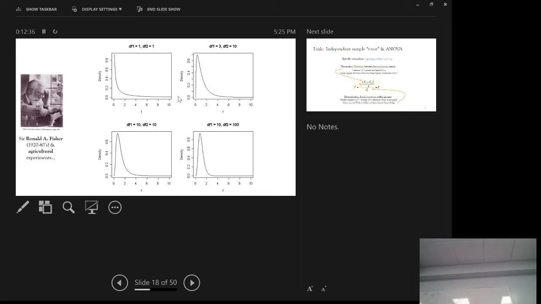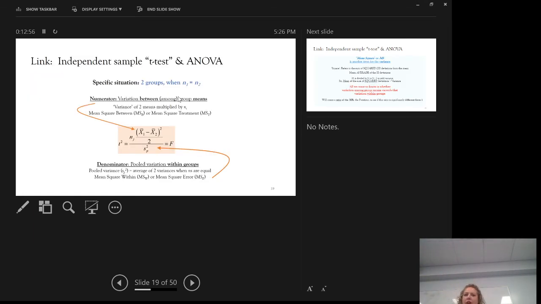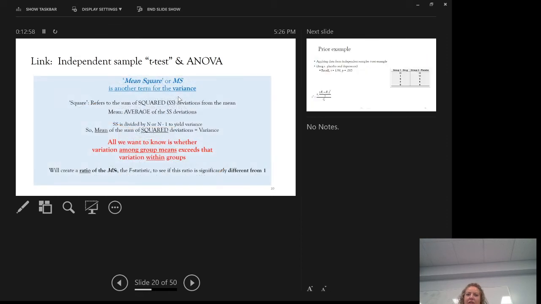What if we get all the way down to 10 and 100 degrees of freedom? See, we have almost a normal curve here, but then we have this long tail. Now, this time we have degrees of freedom for the numerator and degrees of freedom for the denominator, and both of them can be bigger or smaller. The denominator is usually going to be the bigger number. Okay, so that slide's just showing the same thing.